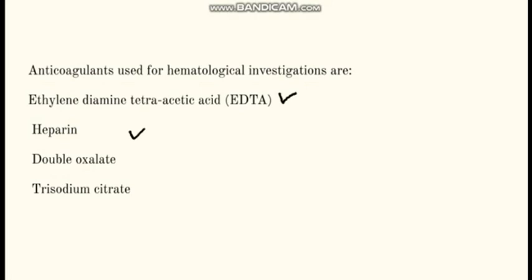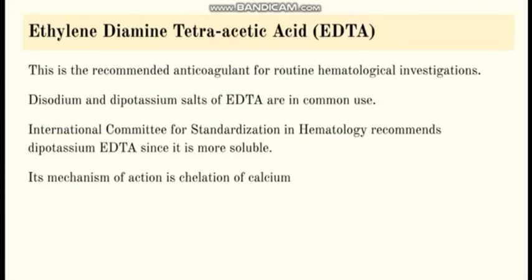Clotting factor 1 is fibrinogen, clotting factor 2 is prothrombin, clotting factor 3 is tissue factor thromboplastin, clotting factor 4 is calcium, and clotting factor 5 is labile factor, proaccelerin, accelerating globulin, and clotting factor 7 is stable factor, proconvertin.